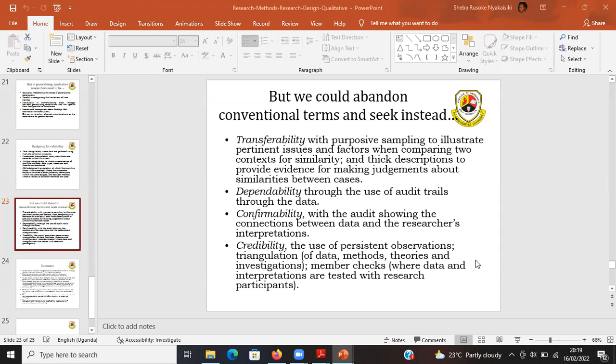Now, formulating the research problem actually more or less depends on your literature review. The literature review part is what guides your research problem. So for you to come up with a good research problem, you must have read widely into your research area, and you can prove from literature the existence of a particular problem.